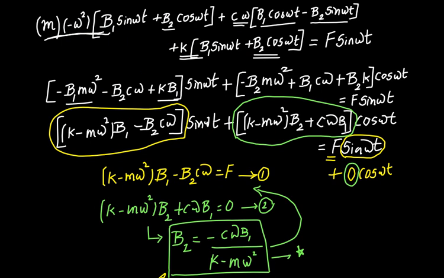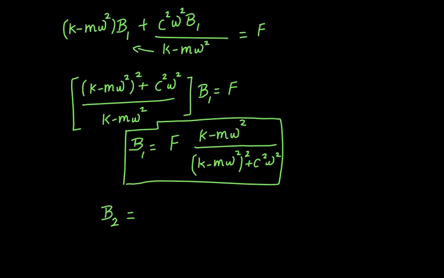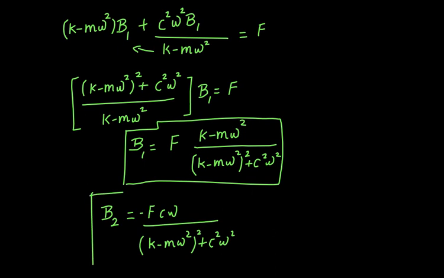So it becomes minus C omega F divided by (K minus M omega squared) the whole squared, plus C squared omega squared. So that's the value of B2.